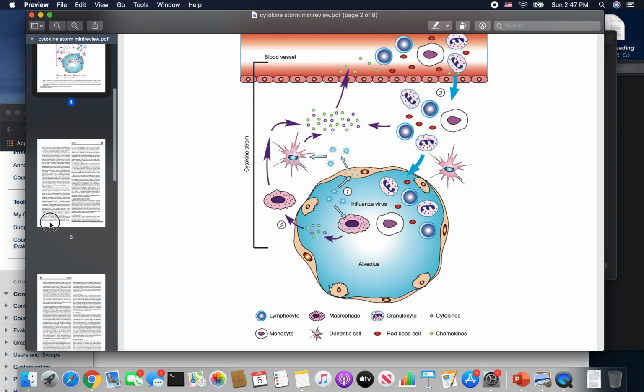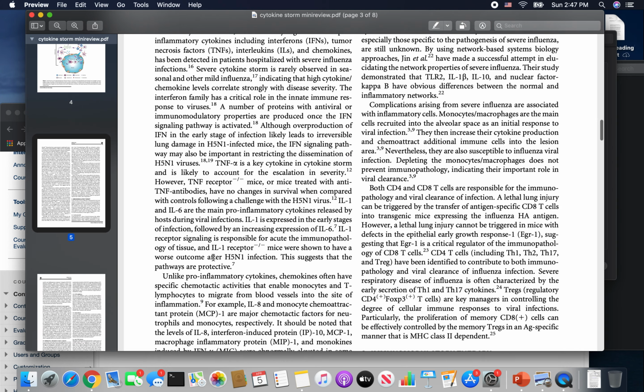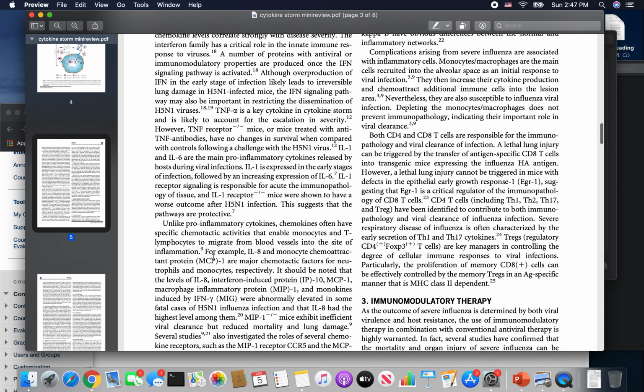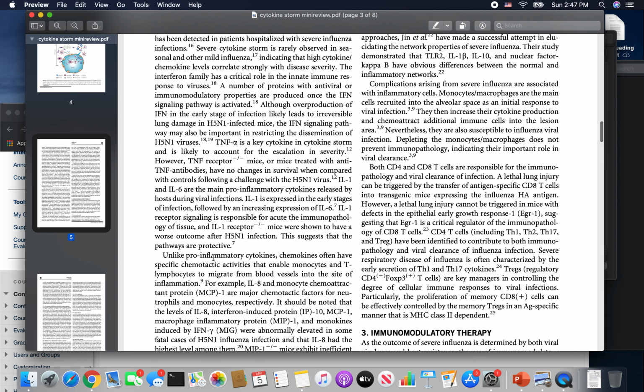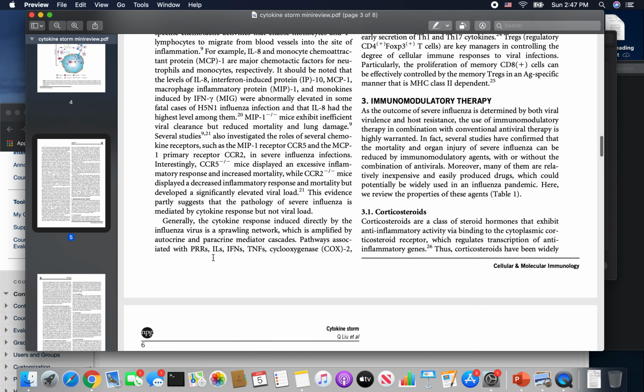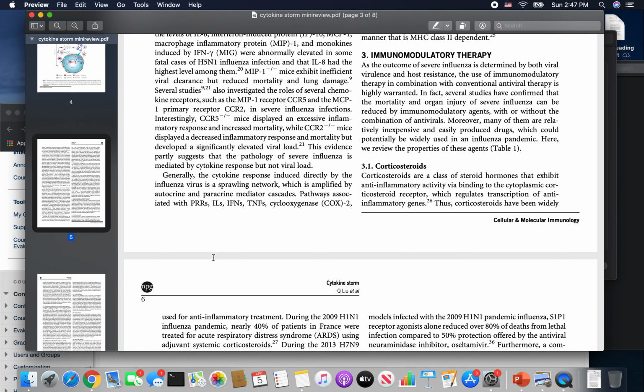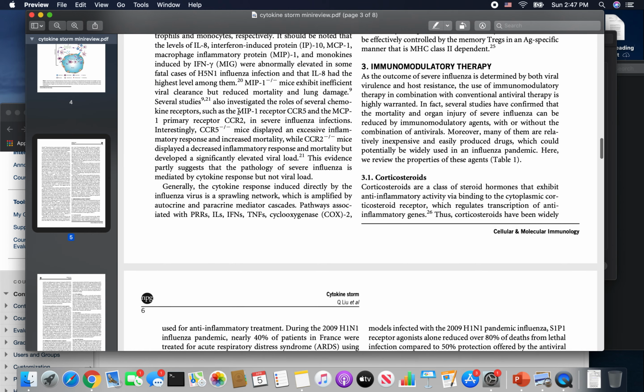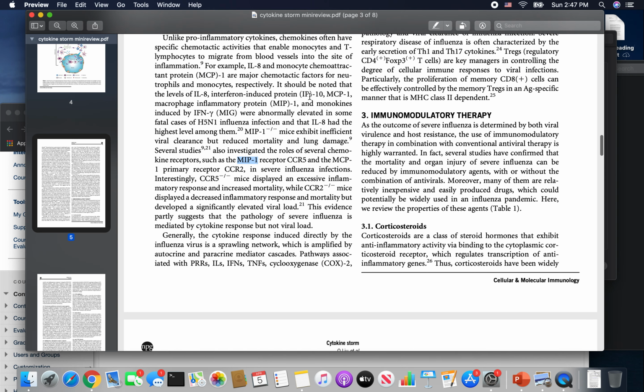So this paper is going to take you through all of that. It's going to go into more detail than we need, I'm pretty sure. But you're going to try and pick out some of those things. Here, MIP1 is macrophage inflammatory protein 1, and MIP1 alpha is my favorite kind. But there are a lot of these other ones like IP10 and MCP1.